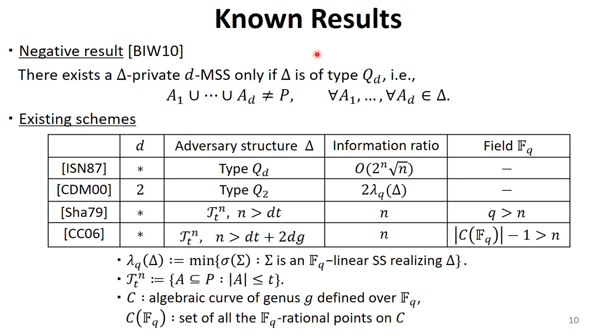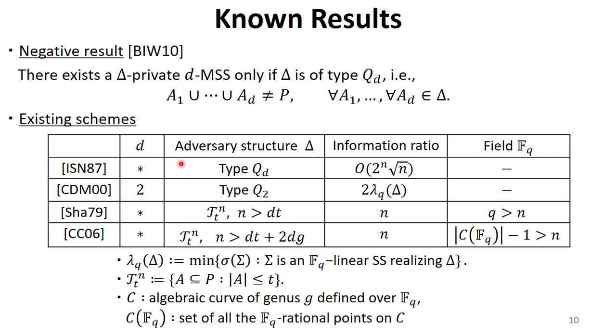Next, I briefly show the previously known results about d-multiplicative secret sharing. First, as a negative result, delta private and d-multiplicative secret sharing exists only if the adversary structure is of type QD. So that is, no d subsets in delta can cover the whole set P. So in other words, it is impossible to construct d-multiplicative secret sharing schemes for adversary structures which are not of type QD.